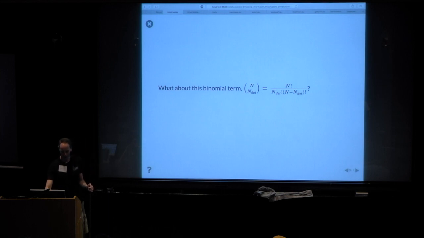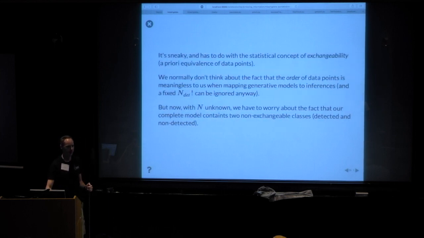Well, I'll say the words, but this is something that I constantly go around and around in circles on myself. So there is this concept of exchangeability, which means a priori equivalence of data points, which is generic in the case that we are looking at a class of objects like we're doing here. We don't normally think about it. So what that boils down to is we are analyzing a catalog.